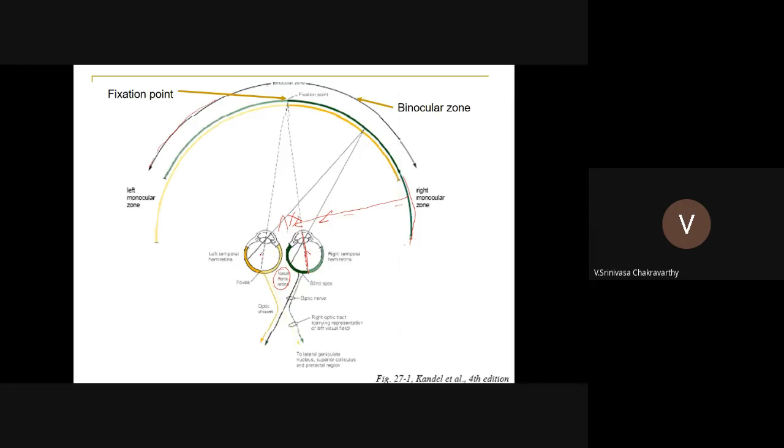This axis is the direction in which the eye is pointed. So when you want to get a lot of information from an object in the visual field, you point both eyes towards it, so that the image of that object falls on the fovea of the two eyes. So you get maximum information about that, and that point is called the fixation point.